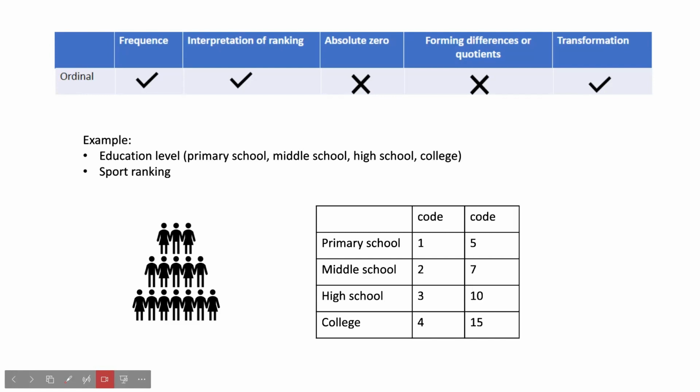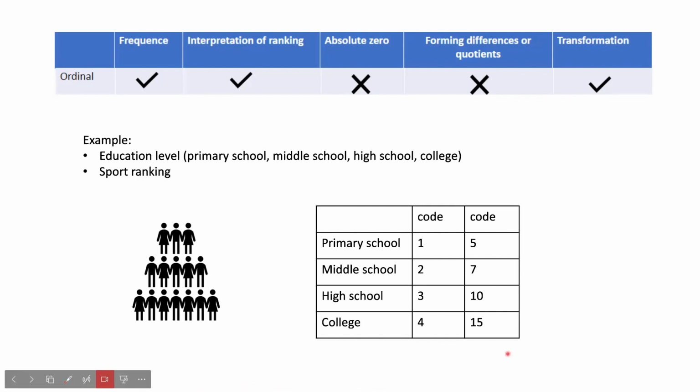We can also give them numbers like this: the number 5 to the primary school, the number 7 to the middle school, number 10 to the high school, and 15 to the college.